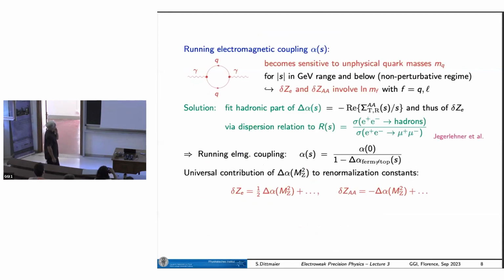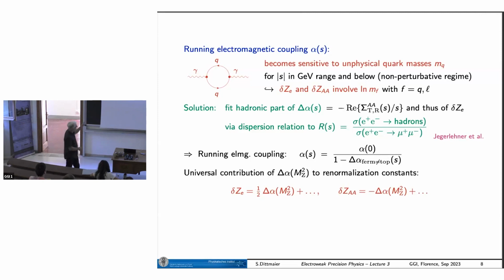Coming back to alpha, what's the problem? If you calculate the charge renormalization constant, and you go back to what I have shown you, you have to combine results from different slides. You see that it's all coming basically from diagrams like this. You have to calculate this diagram for zero momentum transfer, so that in one loop order, there's basically only the mass of the fermion surviving here, in particular also for quarks as indicated here.